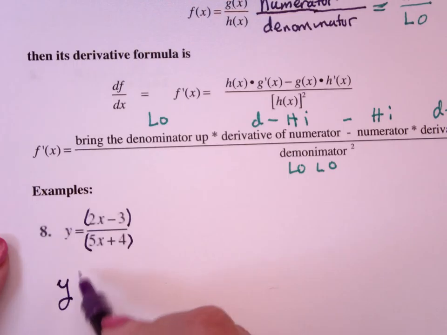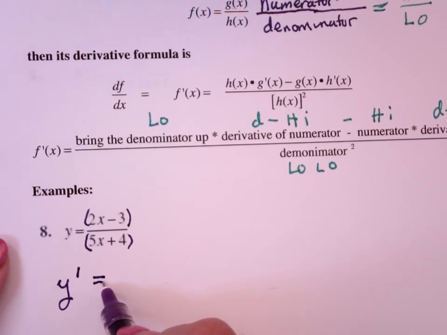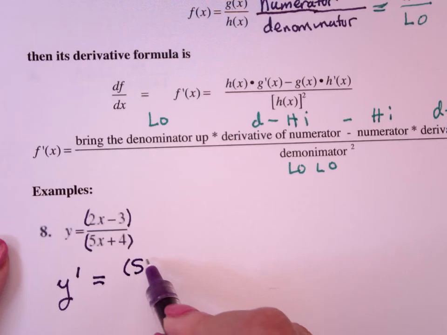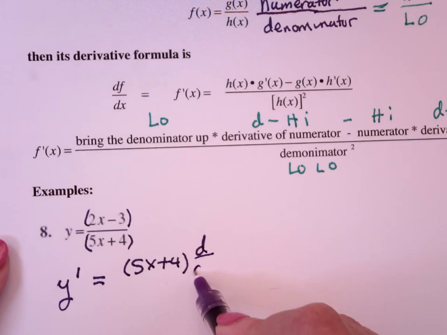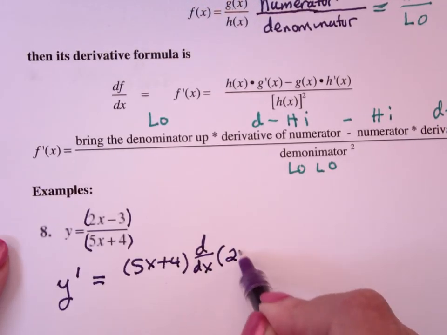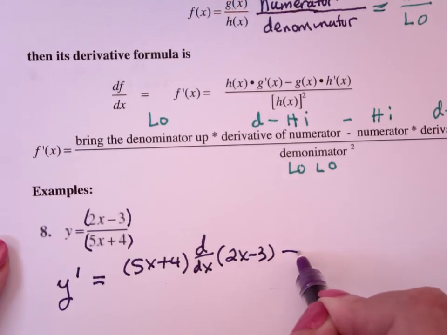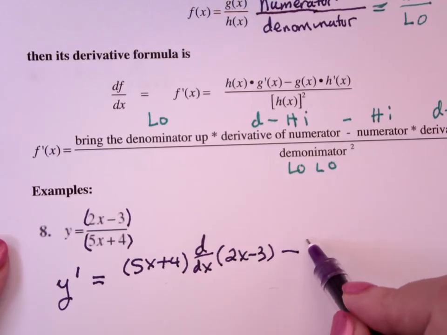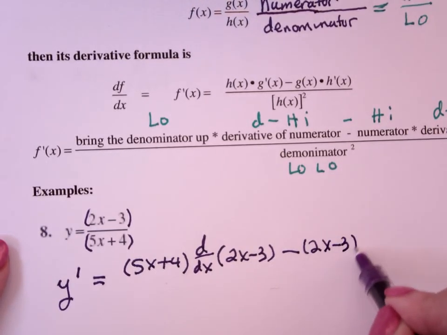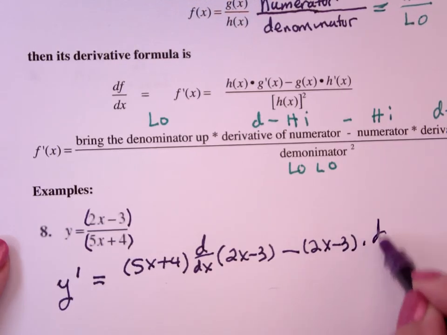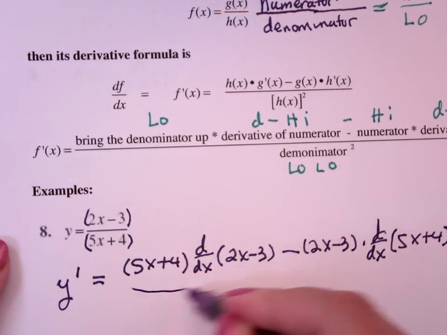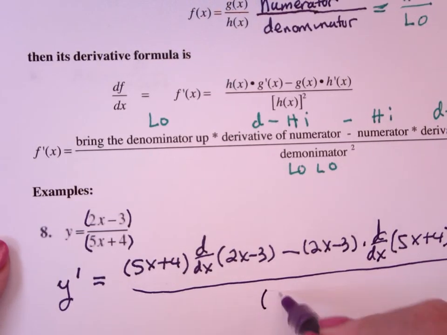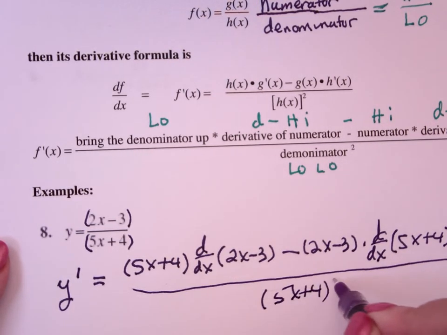Since this is y equals, I'm going to say y prime is: bring the denominator up, times the derivative of the numerator, minus the numerator, times the derivative of the denominator, all over the denominator squared.